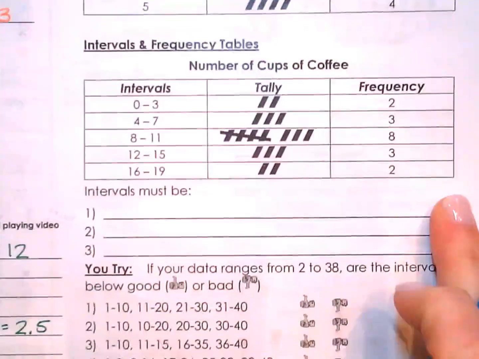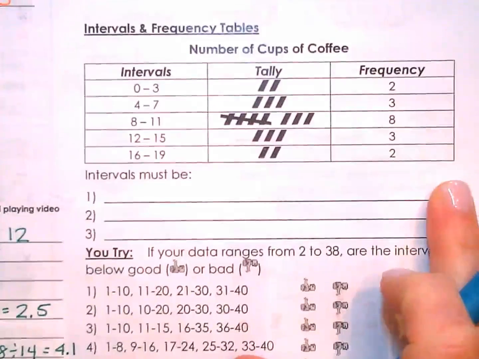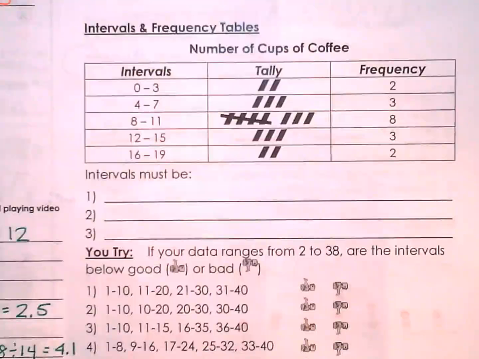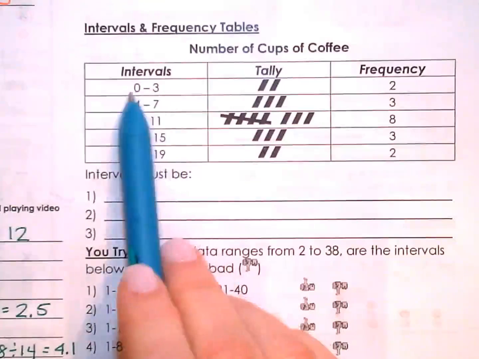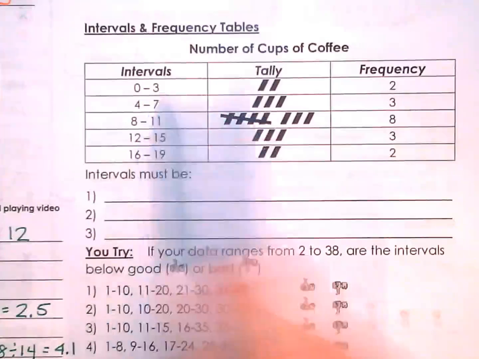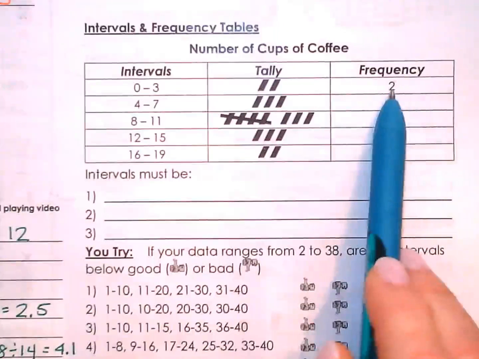Now, when we make a frequency table, oftentimes, especially when we're dealing with histograms, which is our focus, we're talking about intervals. We're not going to count up every single individual score. We're going to look at intervals or groups of scores. So here it's the number of cups of coffee you might drink in a week. The number of people who drink between 0 and 3 cups of coffee in a week is 2, and that's the frequency.